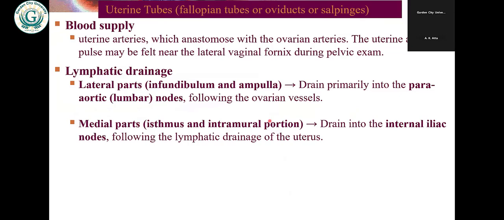Now, the lymphatic drainage. The infundibulum is closer to the ovary, so lymph vessels from the infundibulum and the ampulla follow the ovarian vessels, and they drain into the para-aortic lymph nodes. Elsewhere, they drain into the internal iliac nodes.